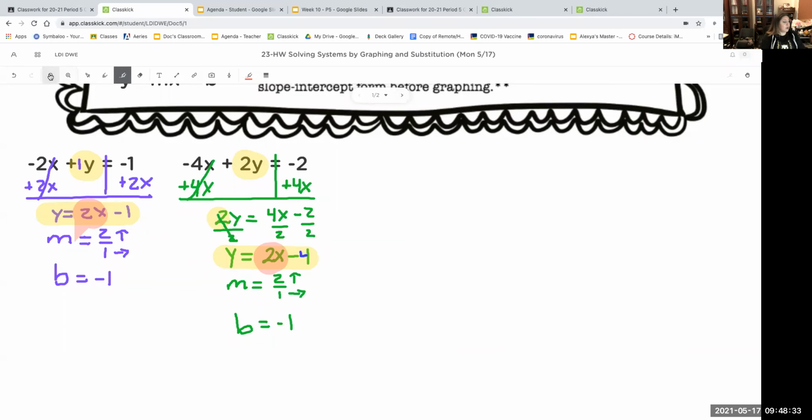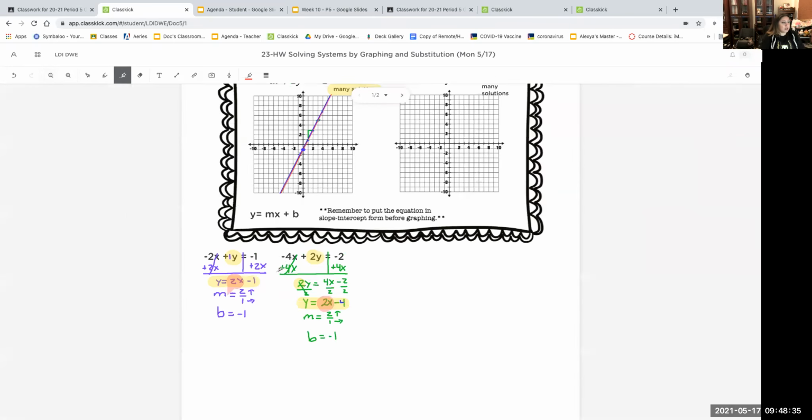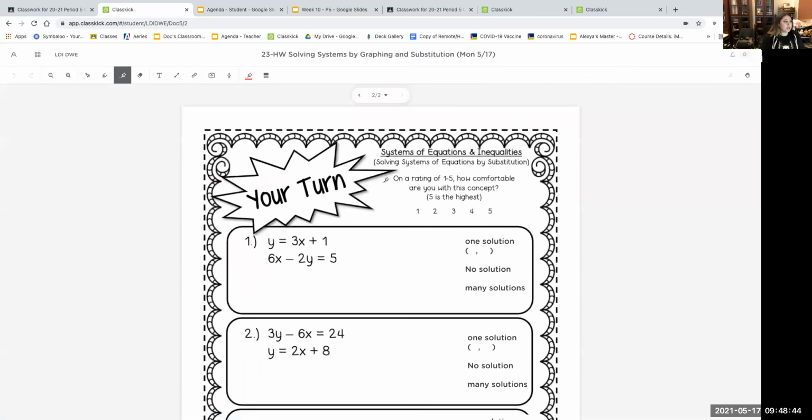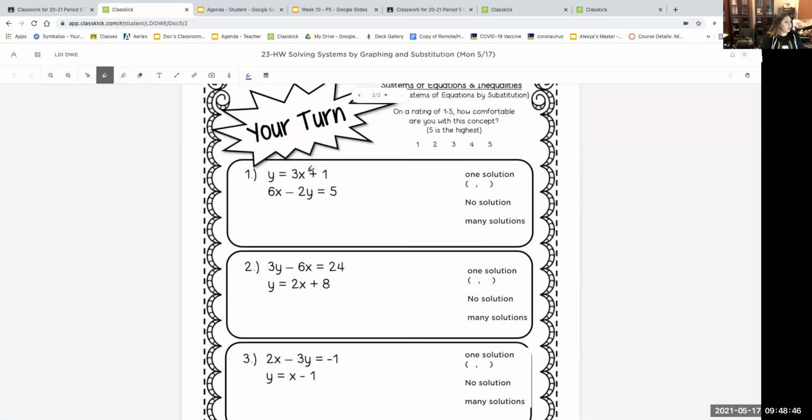Now, again, I do need to see this work. You can either do it like I did it down here at the bottom, or you can do it on a separate sheet of paper. Here in the back, all you're doing is like you did with your notes.